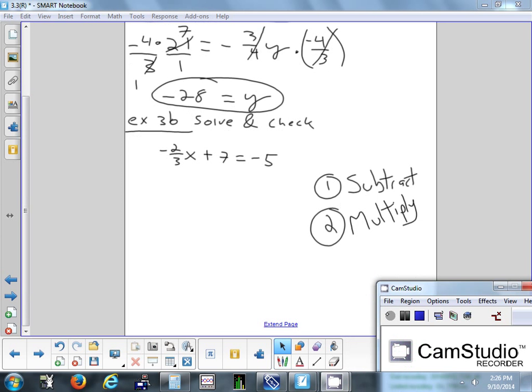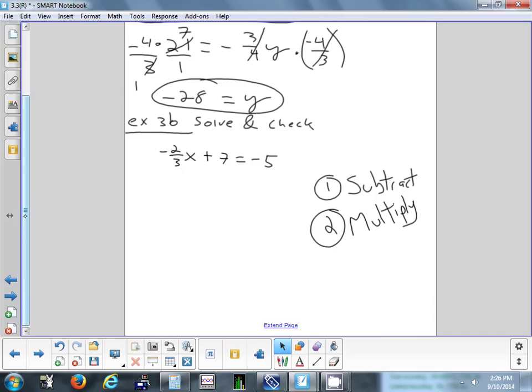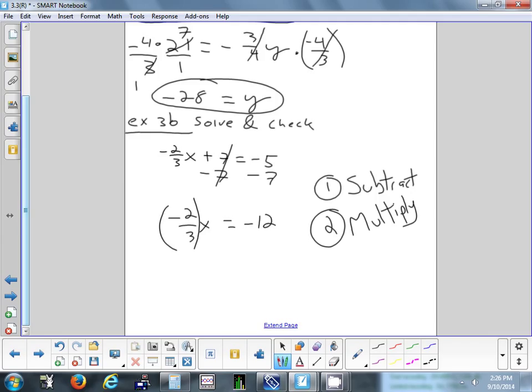Okay, so we already know our first step is to subtract. What do you have to subtract on both sides? 7 minus 7. Most people did really good with this. Negative 5 minus 7 is negative 12. Now, what do you multiply each side by, to get rid of that negative 2/3?